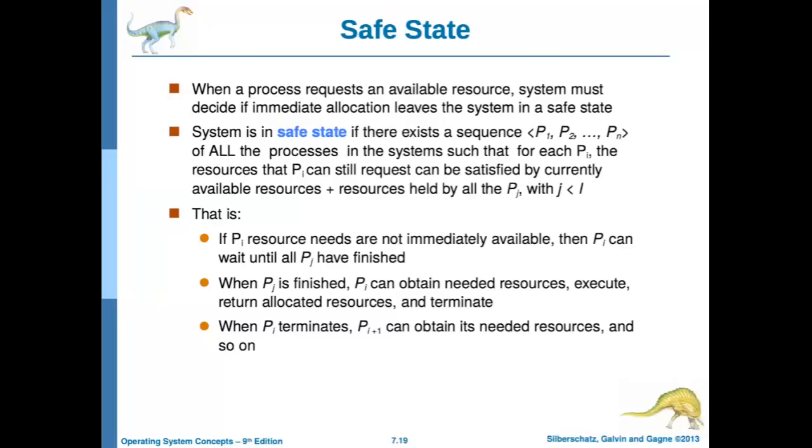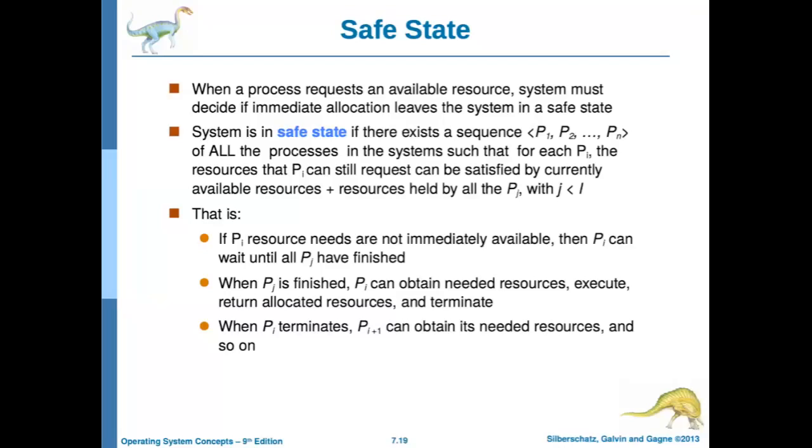Maybe in a particular sequence, it may not be P1, P2, P3, but maybe something like P1, P3 and then P2. Most of the time we can have multiple sequences. But if there is at least one sequence which will put your operating system in safe state, right? So now the same thing is mentioned there.